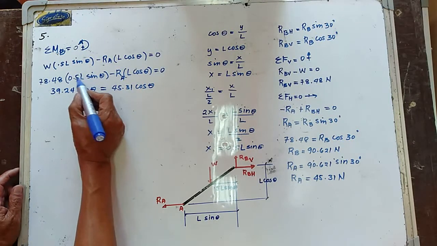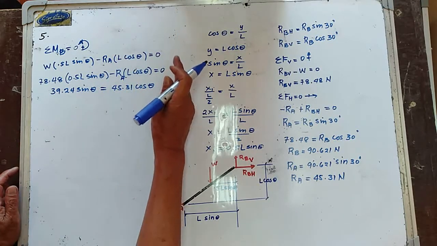Okay, so your L and L in there cancel out if you transpose this to the other side of the equation.